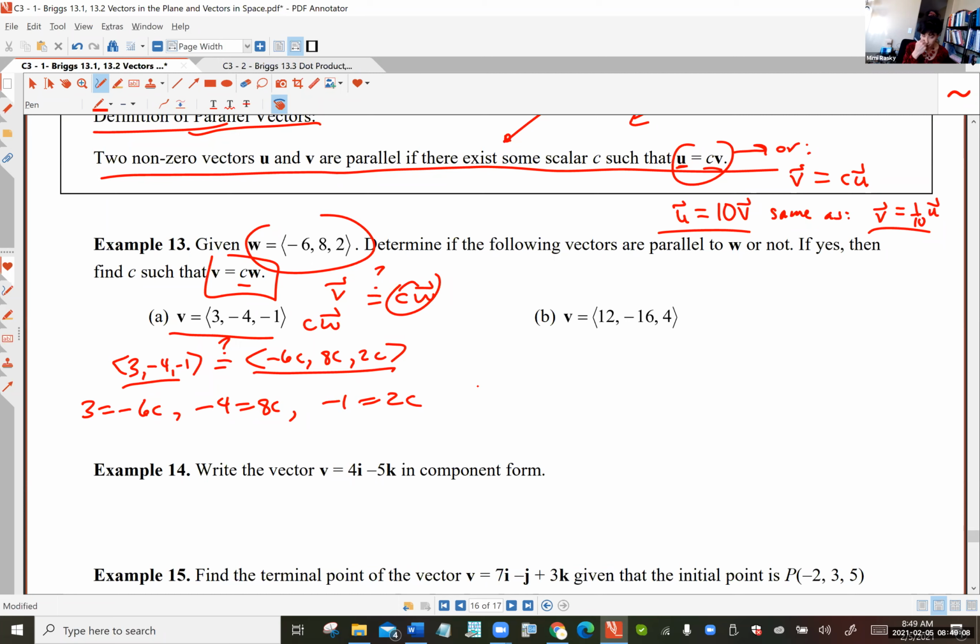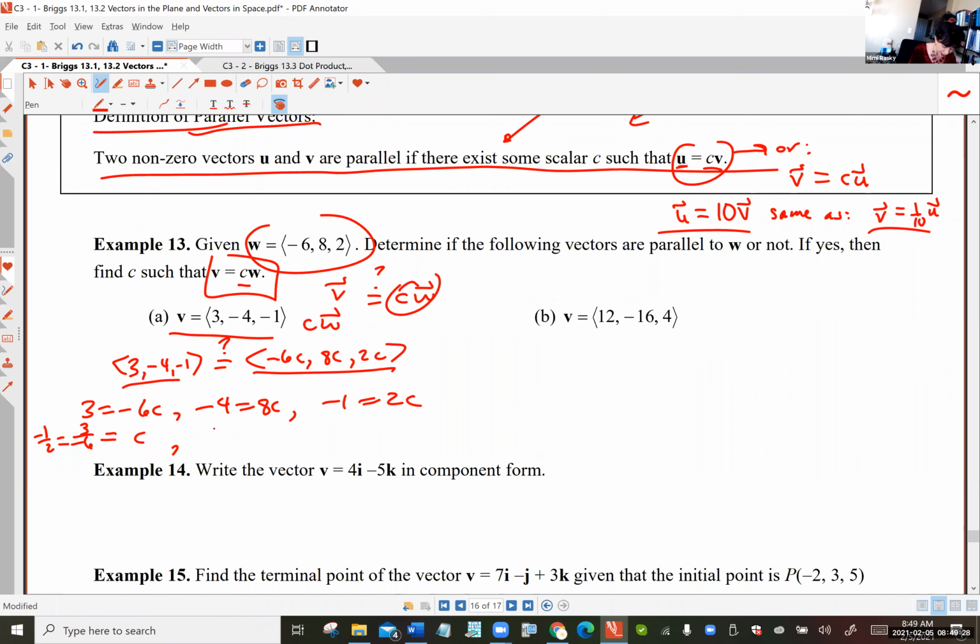So we're going to solve for C 3 times in a row, and all 3 of those C's had better match. If even one of them is different, that means those vectors aren't parallel. Okay, so solving for C the first time, we get 3 over -6, which reduces to -1/2.